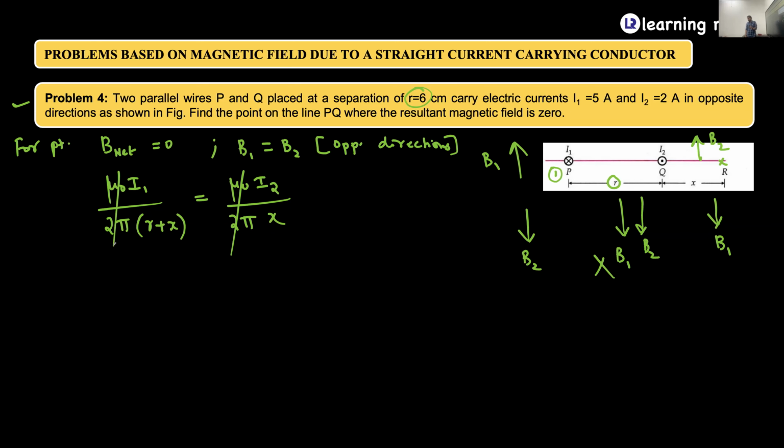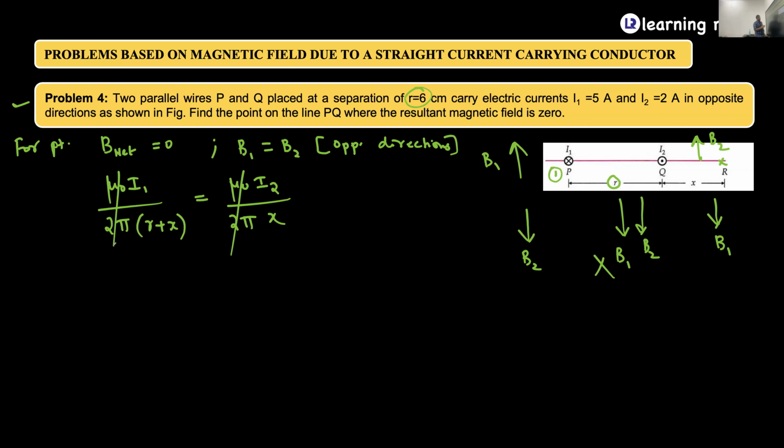To put it simply, current divided by distance is equal to the second current divided by the second distance. If this question comes in MCQ, you can use this as a shortcut. You need not sit and do all these things. So I1 by the corresponding distance from that conductor to the point is equal to I2 divided by the corresponding distance from that conductor to the point.